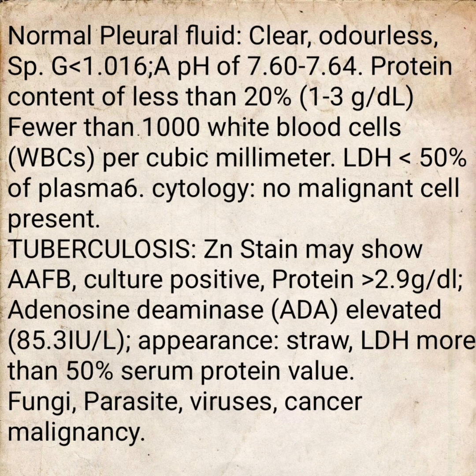Protein content is less than 3 grams per deciliter, with fewer than 1,000 white blood cells per cubic millimeter. When you are examining the pleural fluid, you use the lactate dehydrogenase test to compare the plasma level with that of the pleural fluid level. The cytology, that is where you collect the samples and stain, like in the histology laboratory. There will be no malignant cell present.